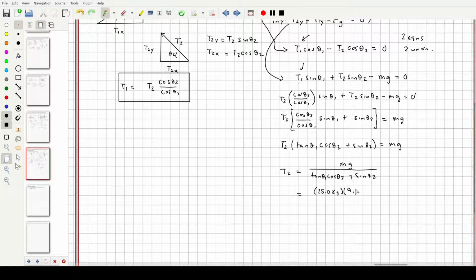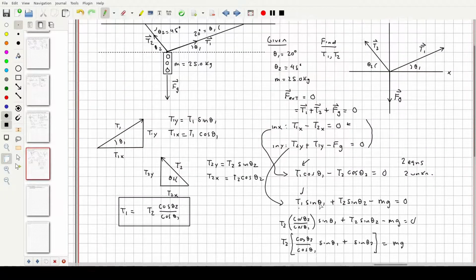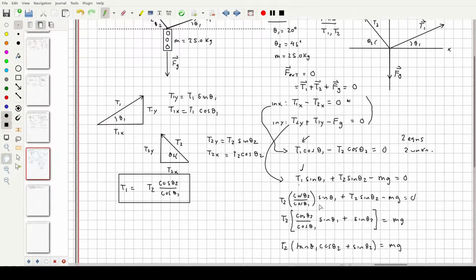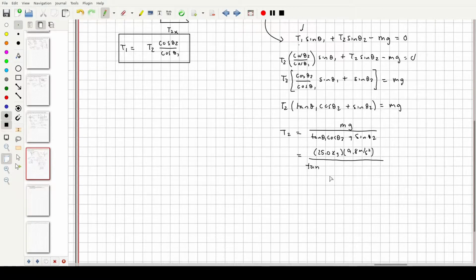G is a constant at 9.8 meters per second squared. In the denominator, we have a tangent of theta 1. Now, theta 1 was 20 degrees. Theta 2 is 45. So that's what we have.